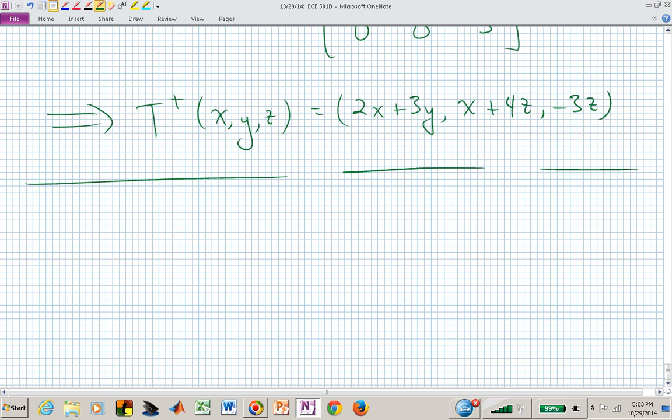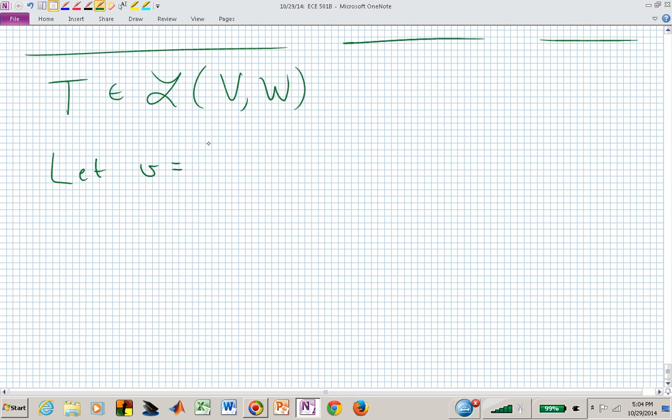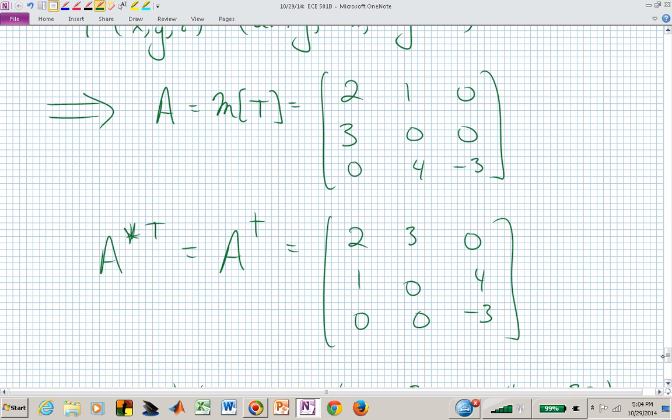Let's show that these two inner products are the same, as far as the inner product of V with T dagger W being equal to TV comma W from the definition. So now let's say that T is mapping between V and W, and suppose that we let a vector in the domain be 1, 1, 0, and we're using these linear maps.